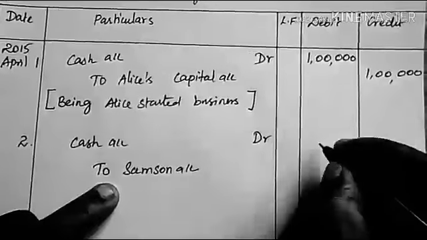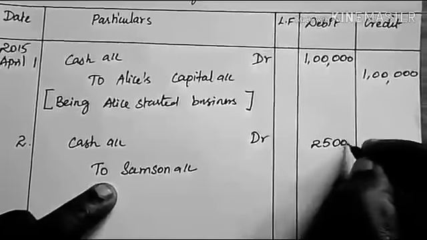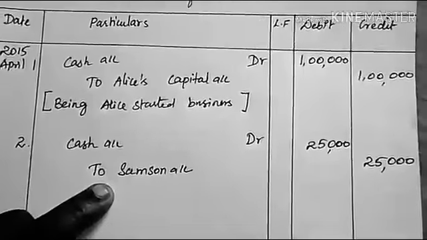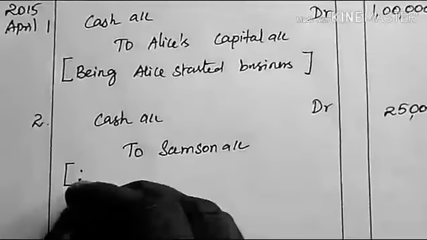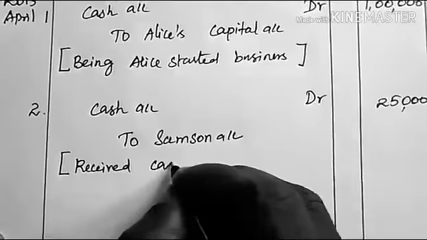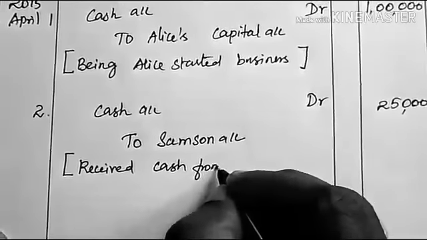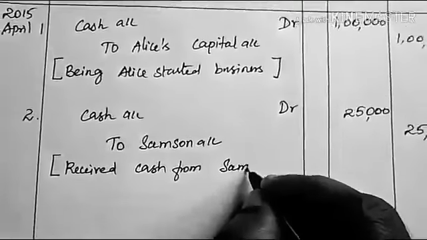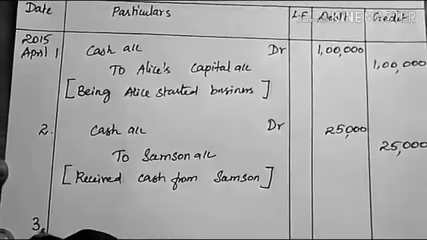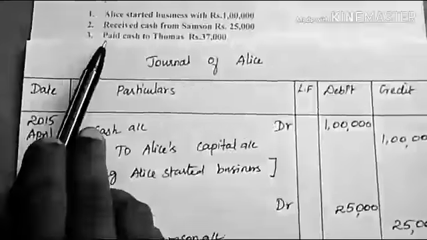How much amount? 25,000. And you have to write the narration. Received cash from Samson.